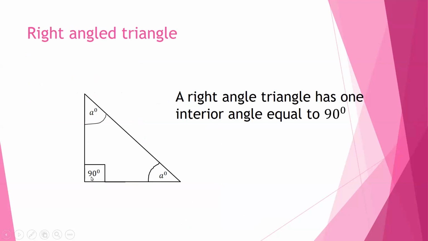Since we said that the sum of the 3 angles of a triangle is 180 degrees, if we have here 90 degrees, that should tell us what? This will be 45 and this will also be 45. I hope you agree with me on that.